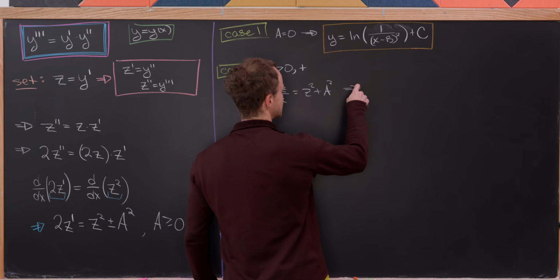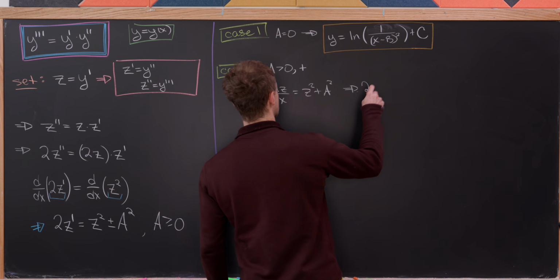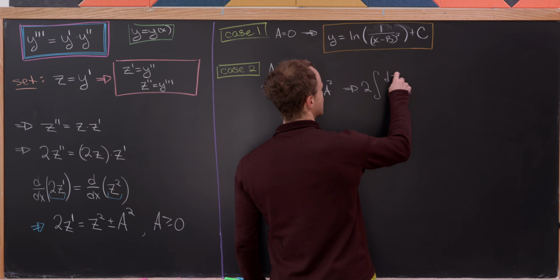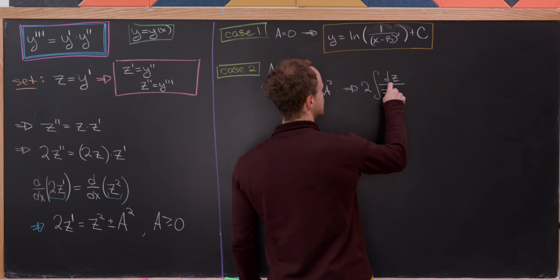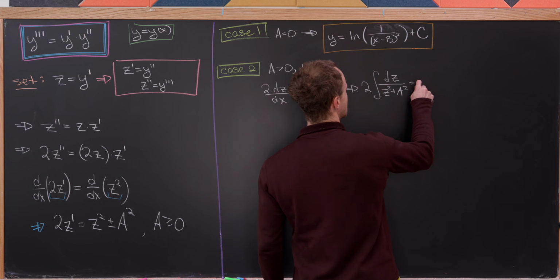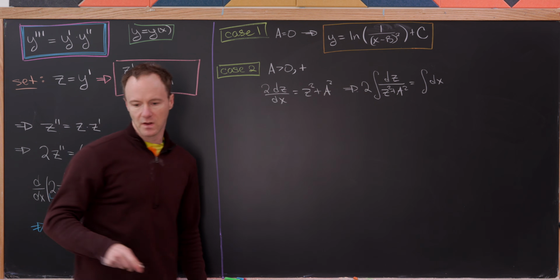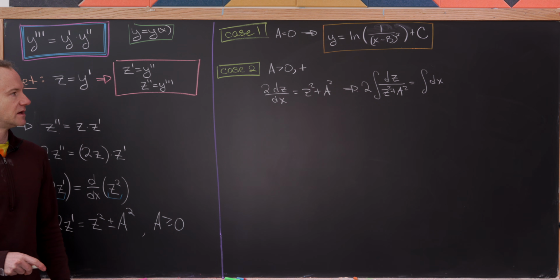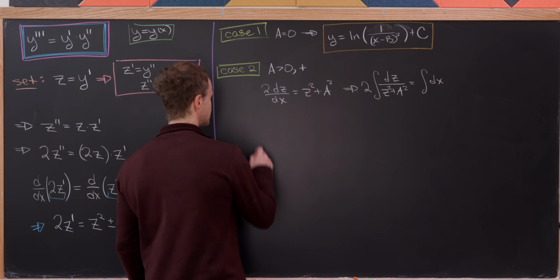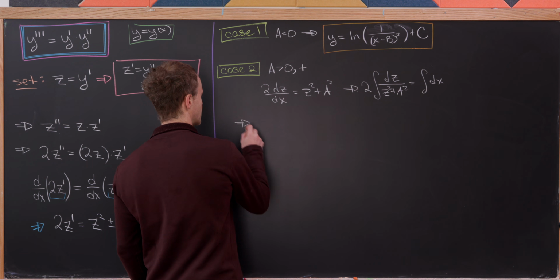We're again, like I said, going to do separation of variables. So we have 2 and then the integral dz over z squared plus a squared equals the integral dx. Okay, so that's good. Now we'll take the antiderivative of both sides. And what is that going to leave us with?